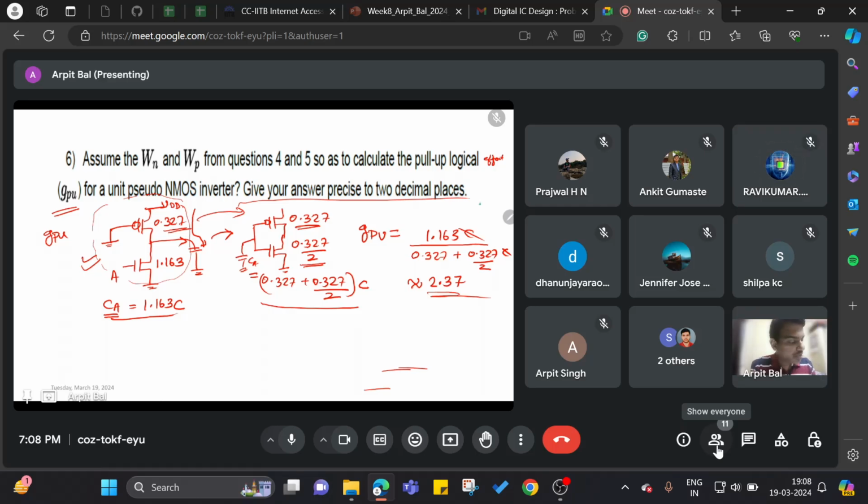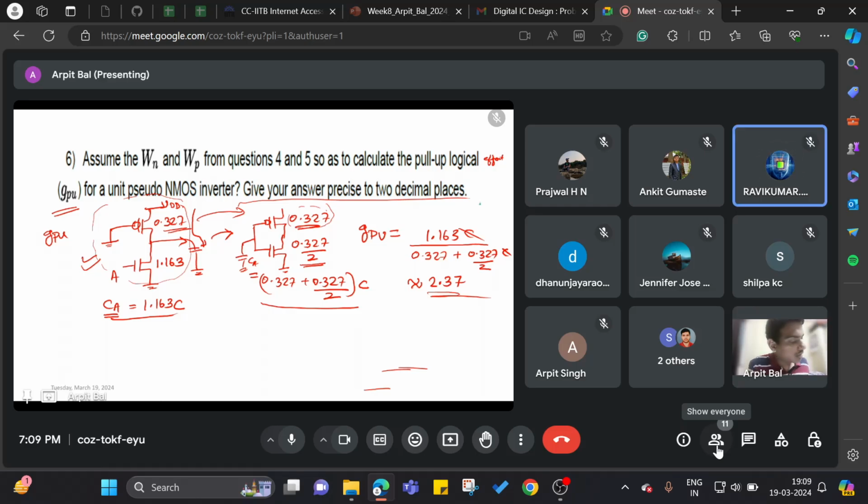Yes, sir. Okay, and because of this reason, the reference inverter that I will be considering will have the same width as the PMOS. And because it will have the same width of the PMOS, to construct the complete inverter, the NMOS width that I need to take should be half of the PMOS width.